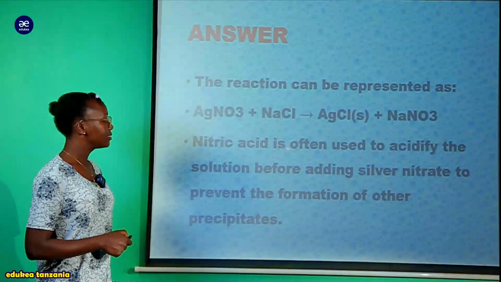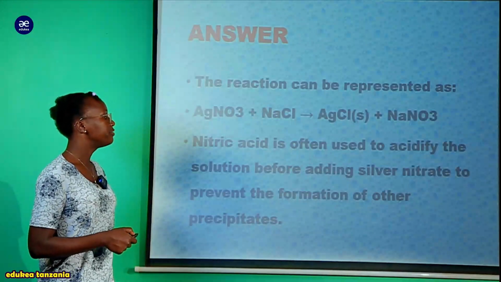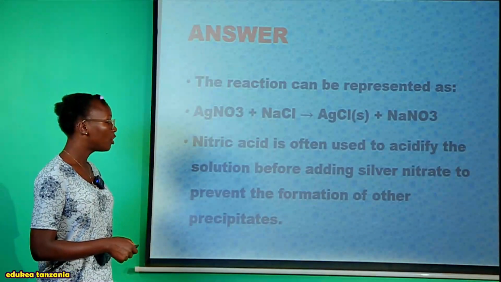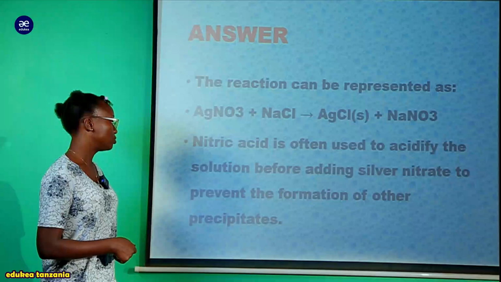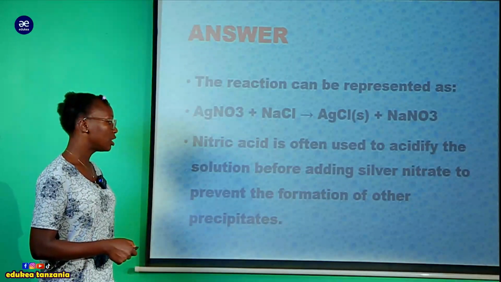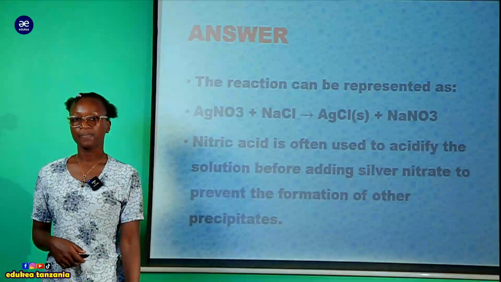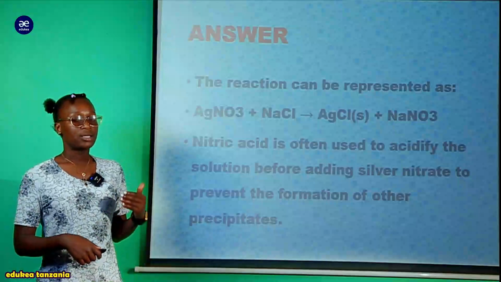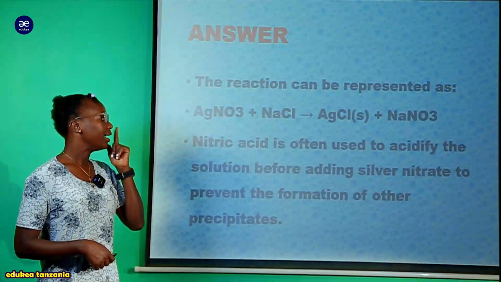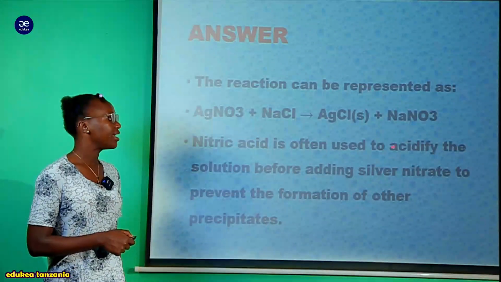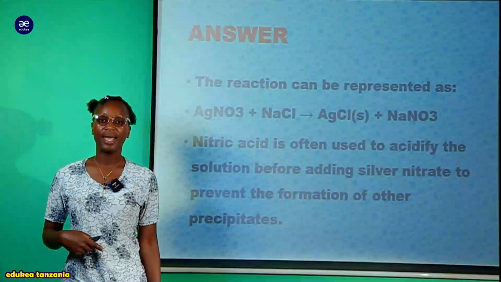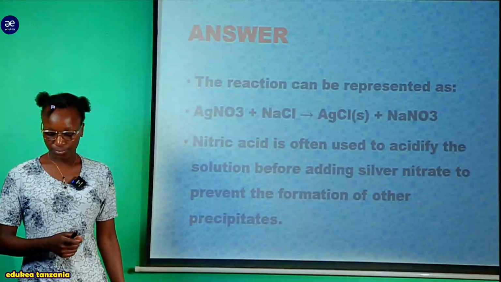So the nitric acid is often used to acidify the solution before adding silver nitrate to prevent the formation of other precipitates. Kwamba nitric acid ipo pale kuhakikisha kwamba ina acidify, ina provide ile acidic media.